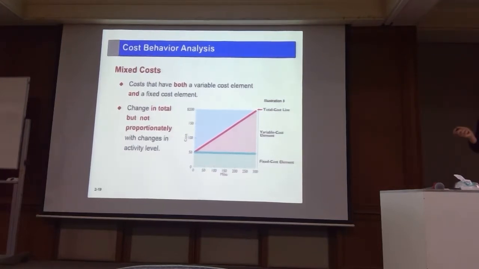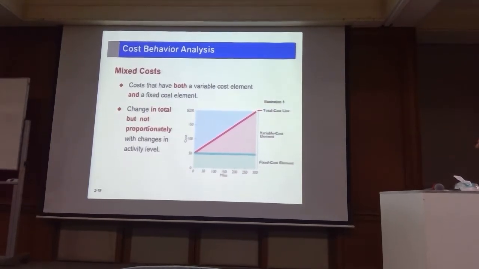As you can see from the graph, the total cost line is not starting from 0, but it starts from some point, not 0, okay? And after that, the total cost line increases constantly, okay?